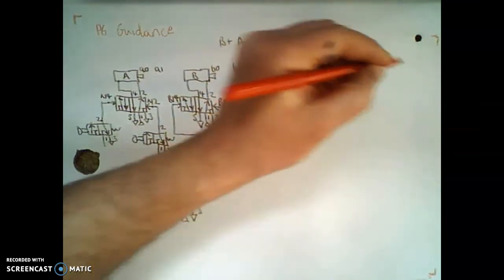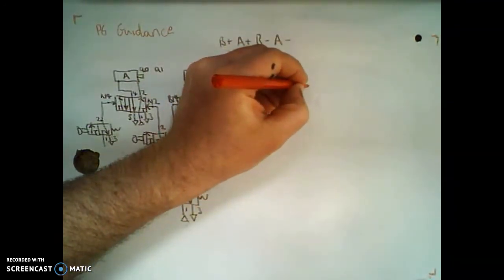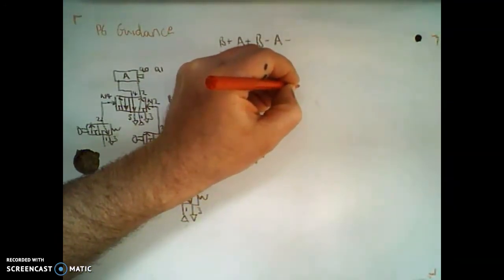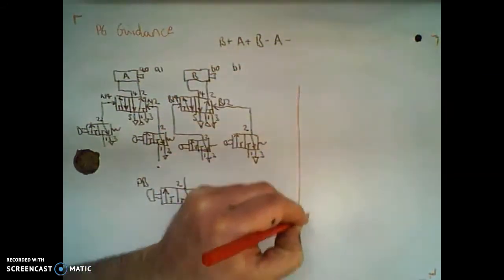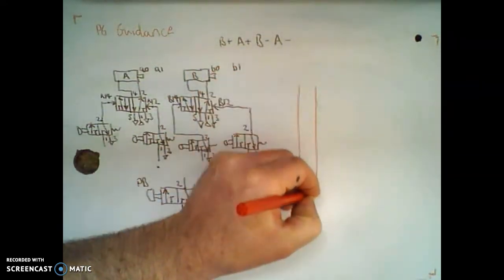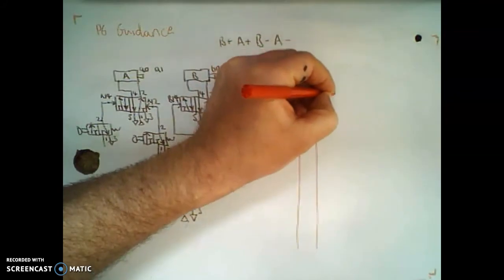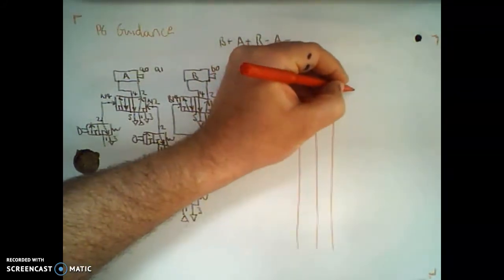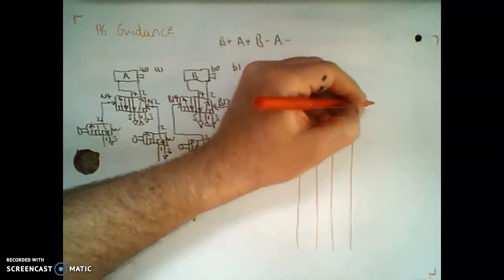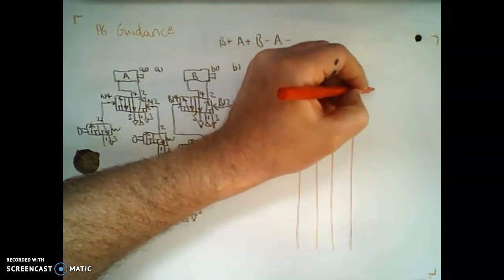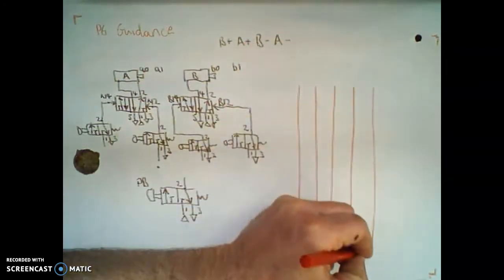So the graph set, for the graph set we need to draw out what the cylinders, switches and pilot lines are doing at each stage.